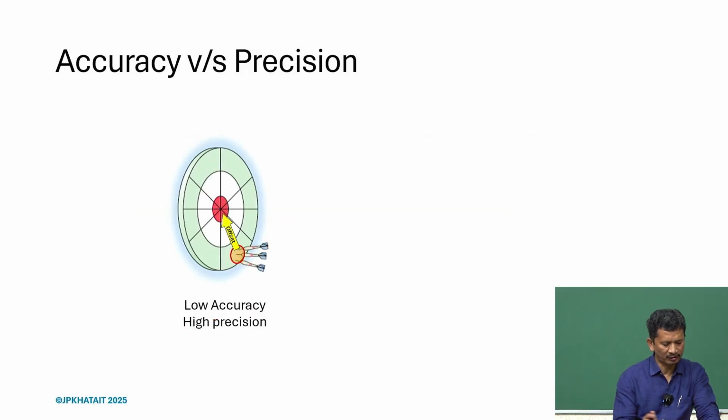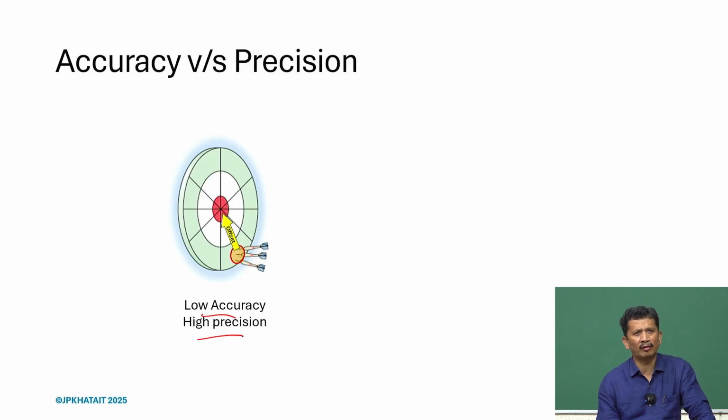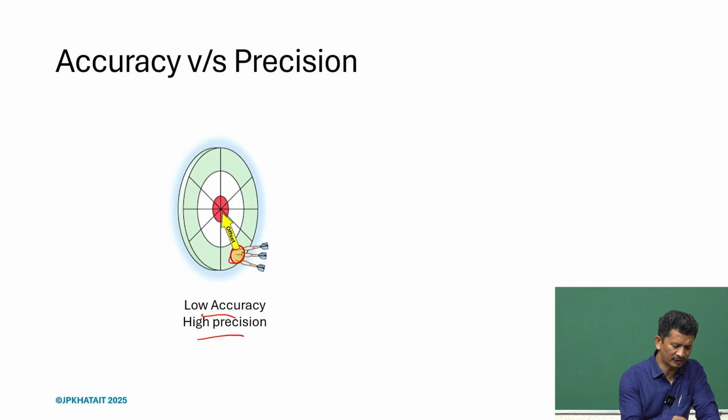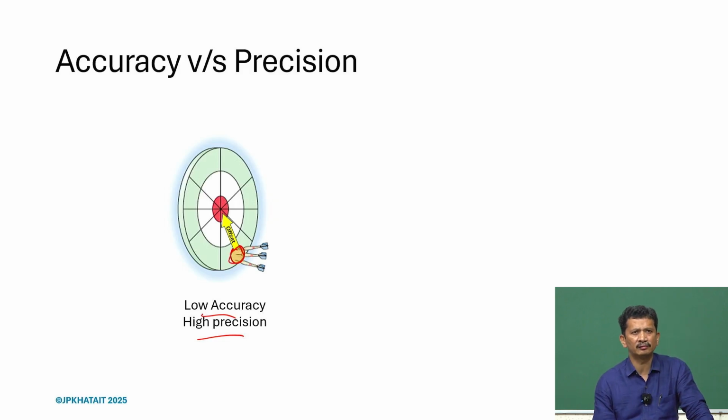So, let us take the second case, where all the darts are away from the center. So it's off, so there is low accuracy. It's far away from the target point. But we also observe that all the darts are going to the same location. So it means there is a systematic error. There is some offset, or some adjustment is required.